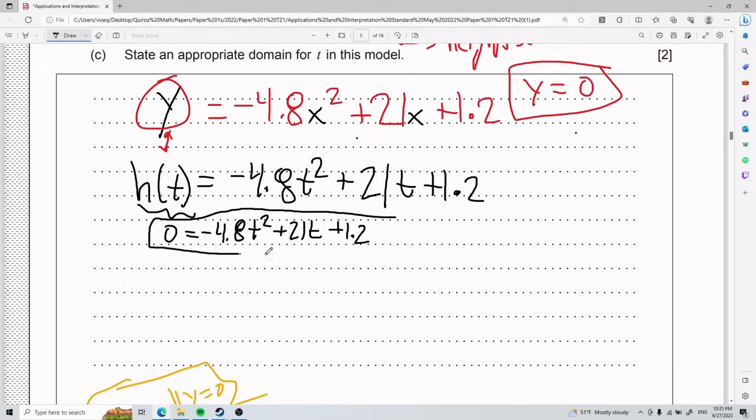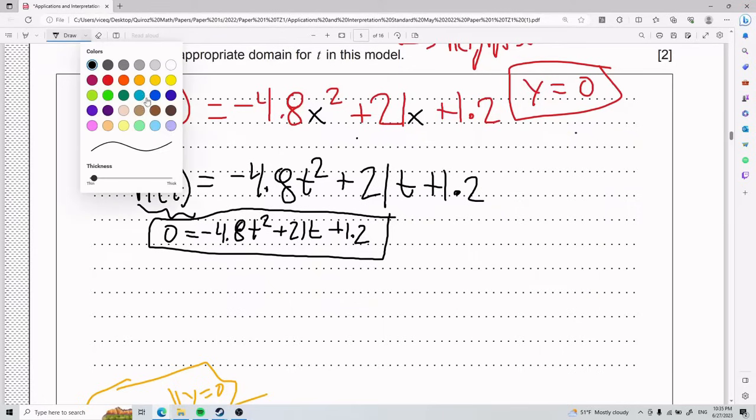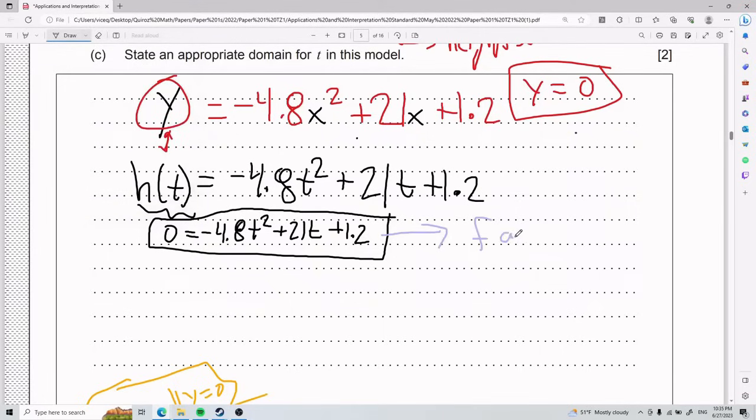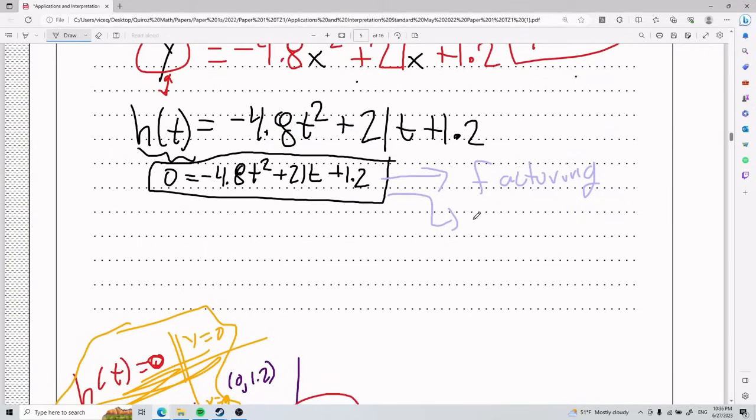And when you're in this scenario with a parabola, you have a couple options to find it. You have 3 main options, and I hope some of these ring a bell. So you have factoring. You have just straight up the quadratic formula, which looks like this: negative b plus or minus square root b squared minus 4ac, divided by 2a.